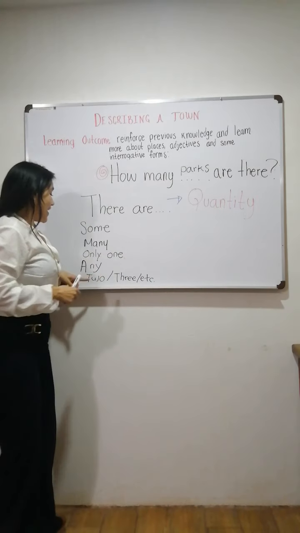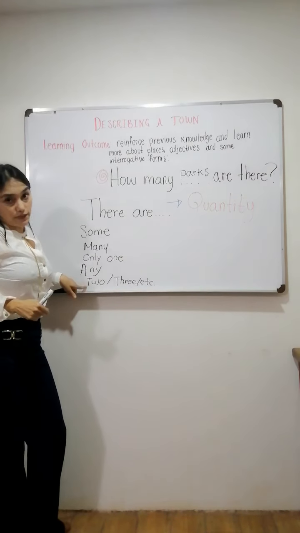And you can say the exact quantity, in this case, of parks. How many parks? You can say there are 2 parks, there are 3 parks, etc. Or you can say there's only 1 park, only 1.